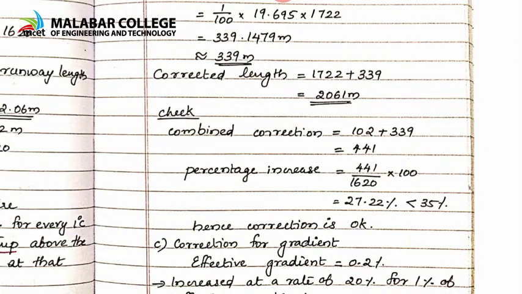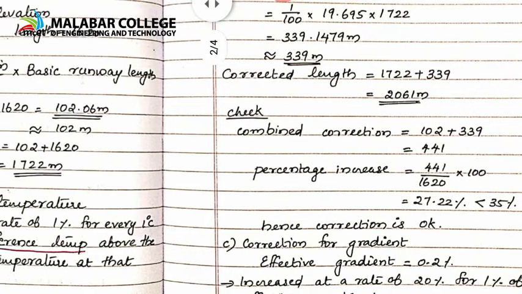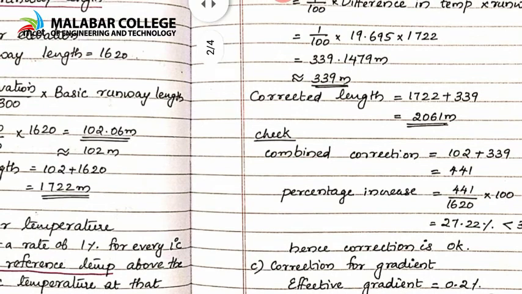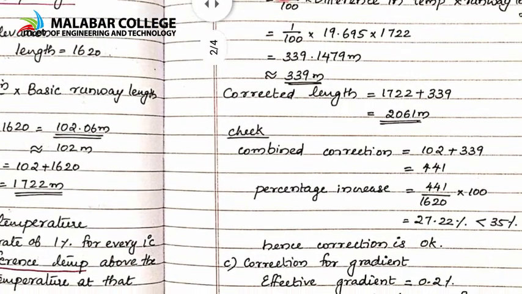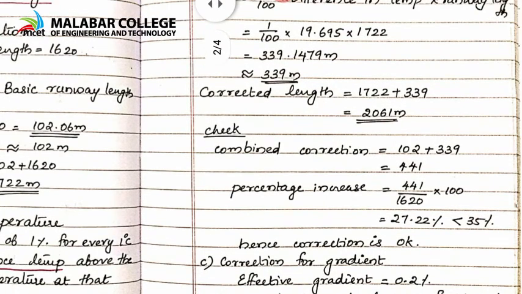Then a check on the combined correction. Combined correction is equal to 102 plus 339, the correction for elevation plus the correction for temperature, that is equal to 441.